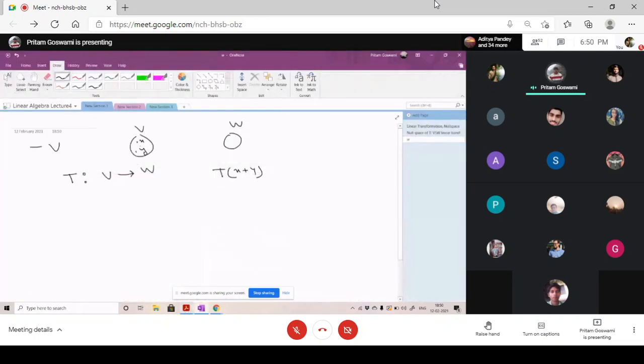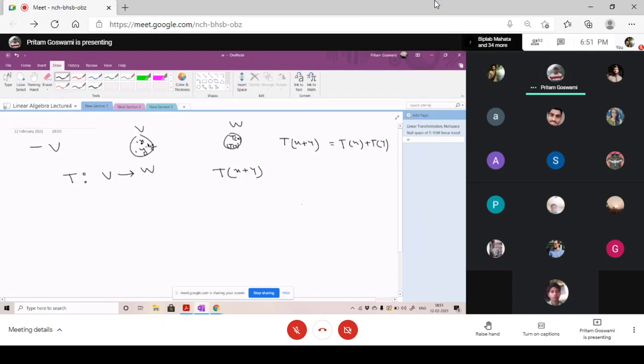So under T, X will have an image Tx, and under T, Y will have an image Ty. And X plus Y is also an element here. So the image of X plus Y will be nothing but the image of X plus the image of Y.